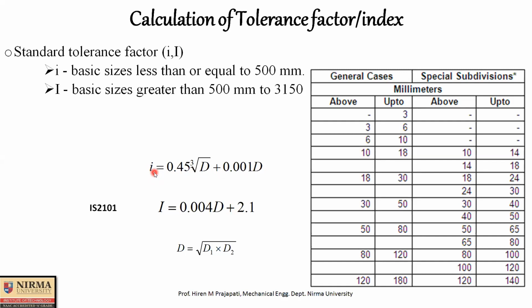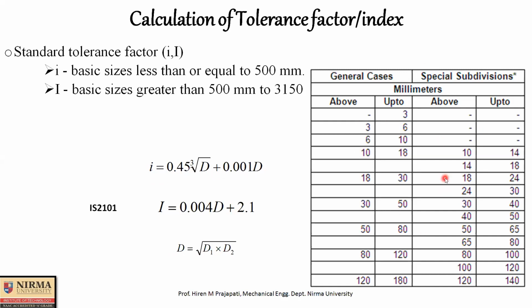Now to solve this small i, we should find out capital D. What is capital D? Capital D is equal to the square root of the product of D1 and D2. Now what are D1 and D2? That is the next question. Here you can see this table.